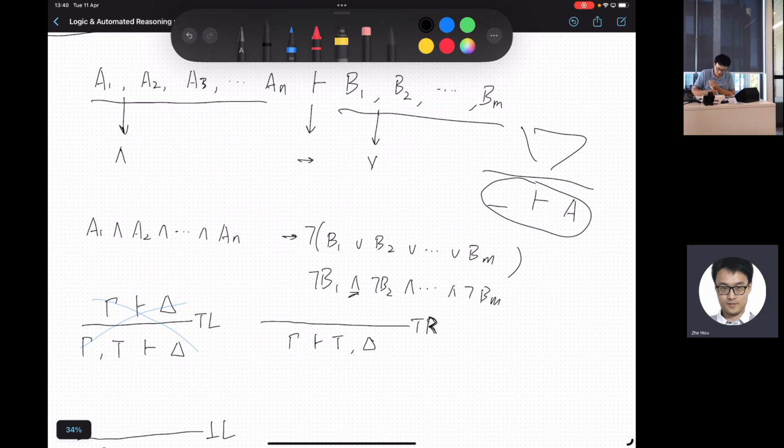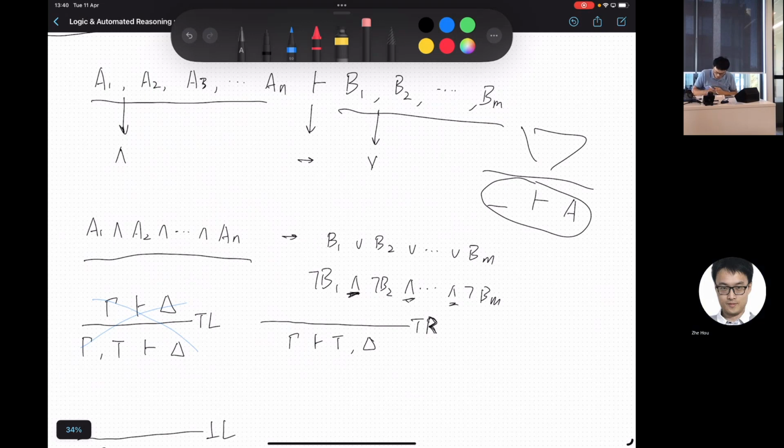Okay, so that's why we say everything on the right hand side is false, and then here we don't do anything, so that's everything on the left hand side is true. That's how we read a sequence when we do refutation.